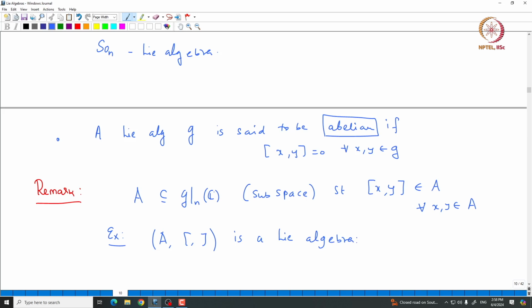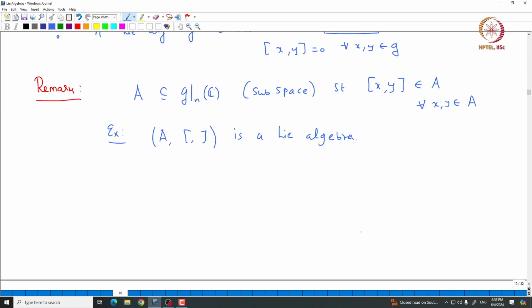Suppose, for example, we start with A being an associative subalgebra, that means whenever X, Y in A, the product XY is also in A. Then it is easy to see that the commutator must be in A. Okay, but the converse need not be true. Lie subalgebras may not always come from associative subalgebras.